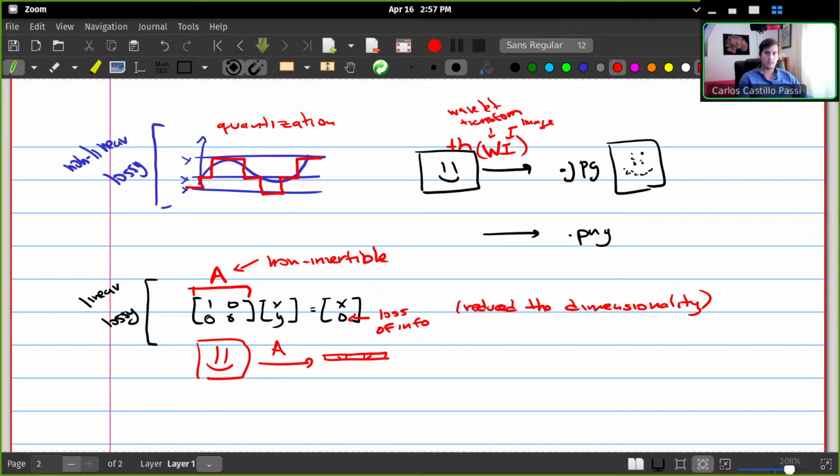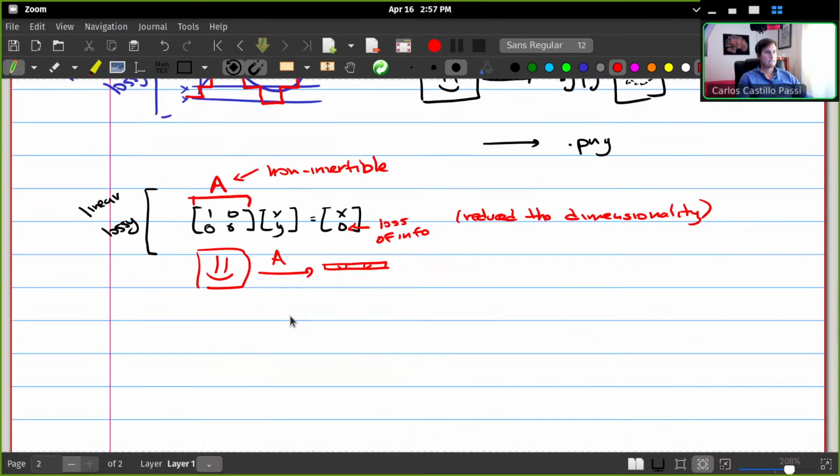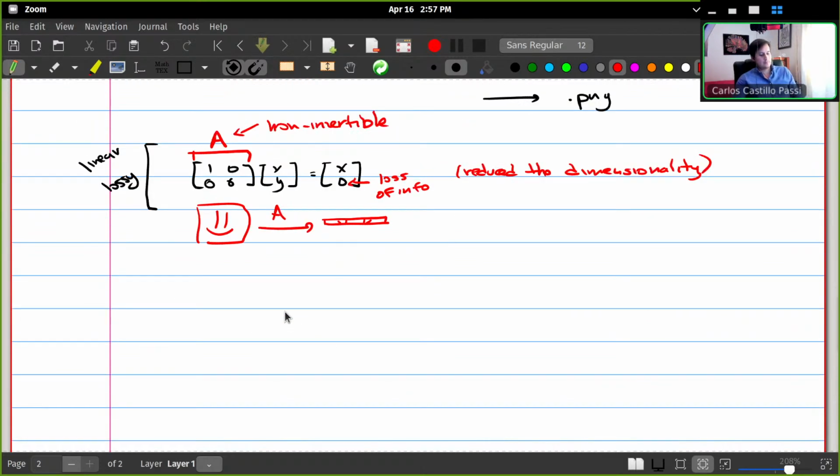Sorry, can you say that again? Its determinant is different to 0. No, it's not different to 0. Okay, so one idea is that the determinant of this matrix A is equal to 0.